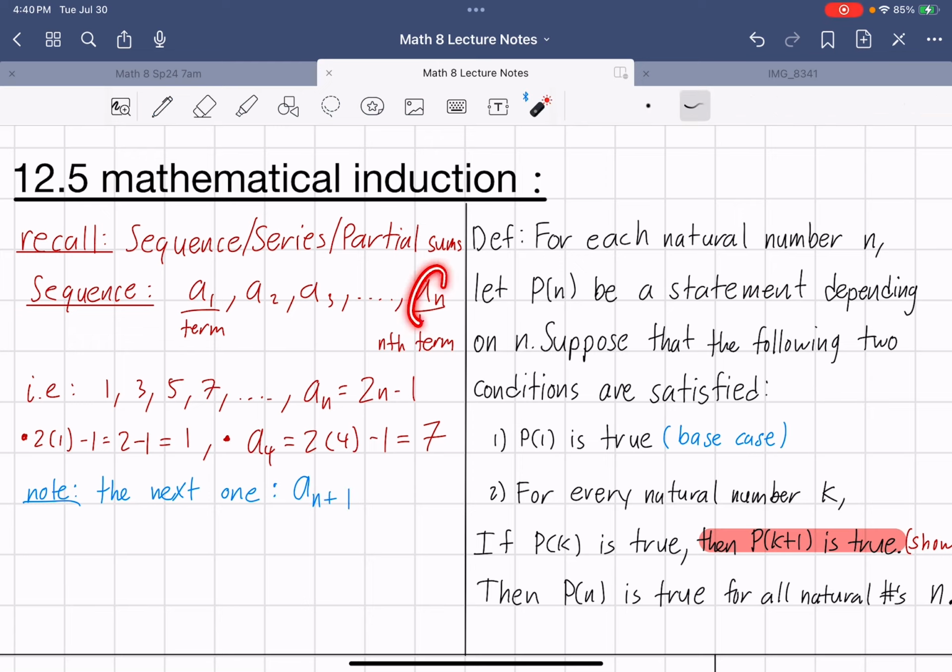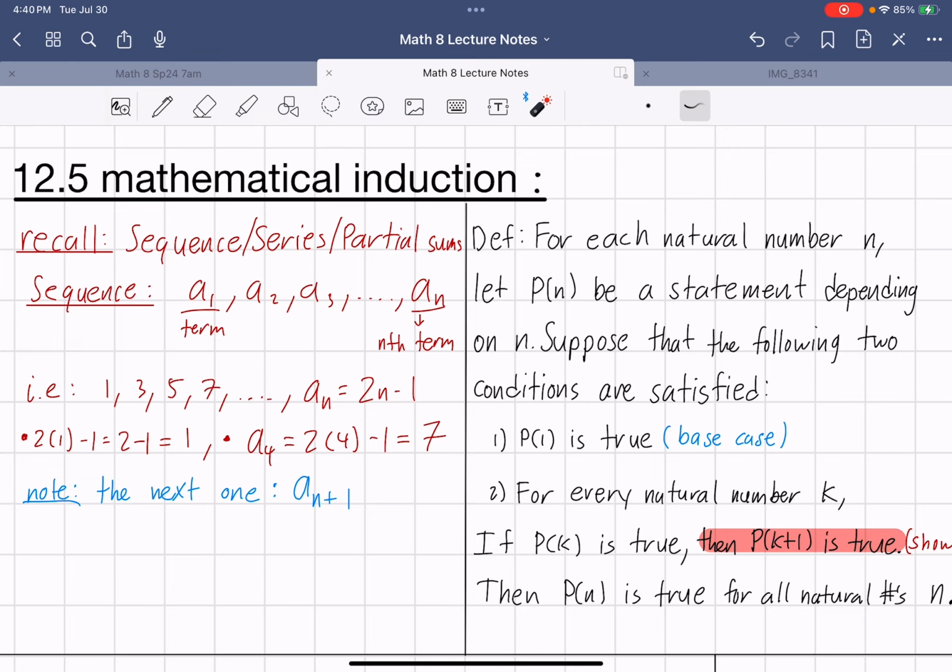So a sub n is the term in the sequence. A sub n plus 1 is the way we emphasize the one after the one in question. And this is an arbitrary way of stating that. We're stating that n plus 1 term, which is the one that follows after.